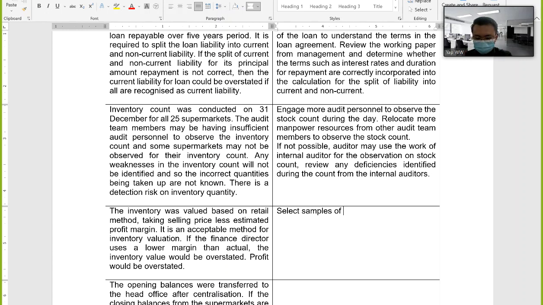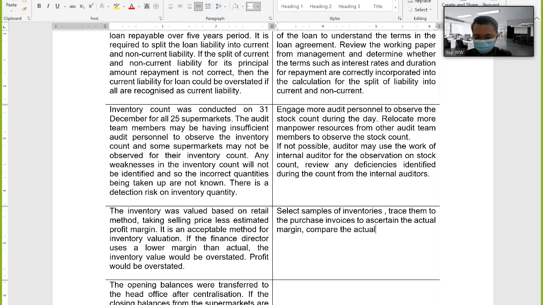So select samples of inventories, trace them to the purchase invoices to ascertain the actual margin. Okay, to ascertain the actual margin.